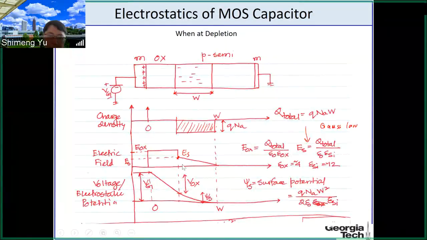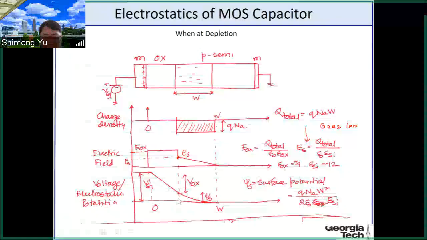And then we do one more integration from the electric field to the voltage potential. This is by definition: the electric field along some distance will give you the electric potential. So if you do the integration of the electric field along this W, then you will get the voltage potential.